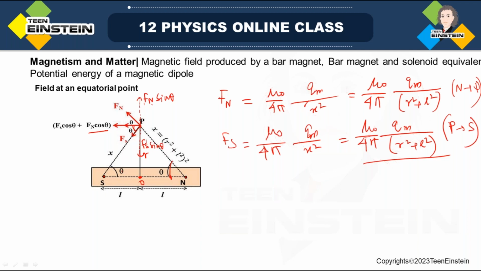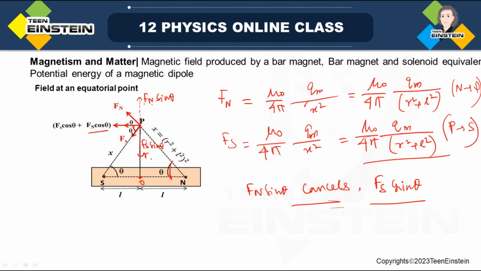So this vertical component Fn sine theta cancels Fs sine theta.